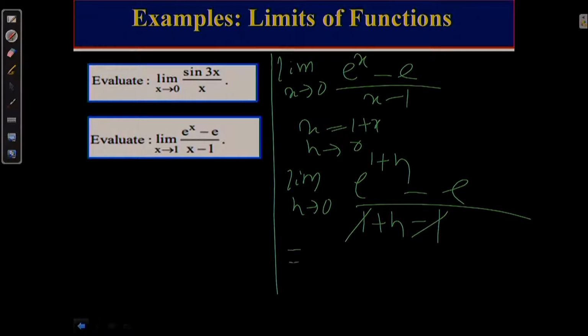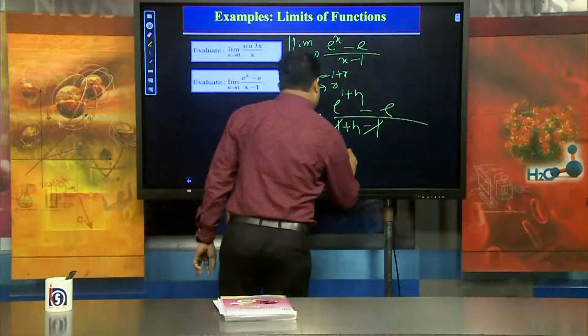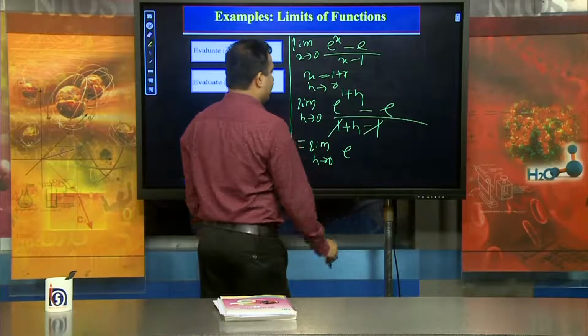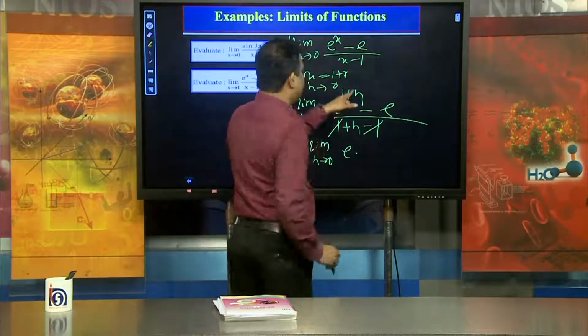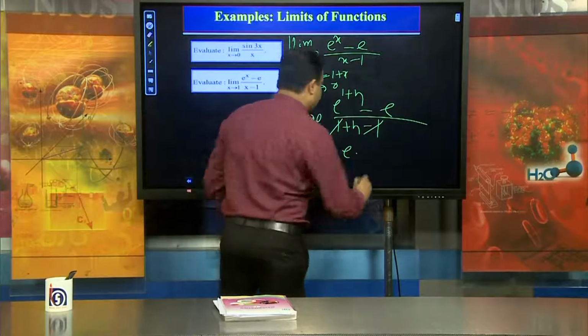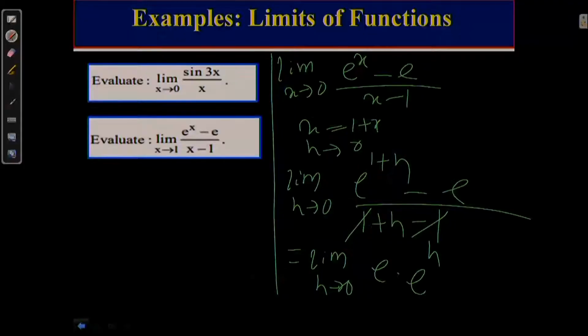So I can write limit h tends to 0, e to the power 1, that is e, into e raised to the power h, minus e, divided by h.